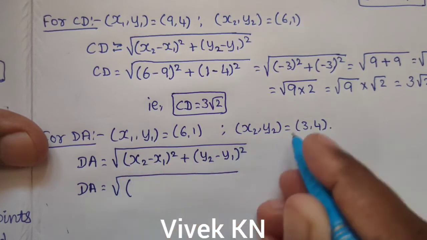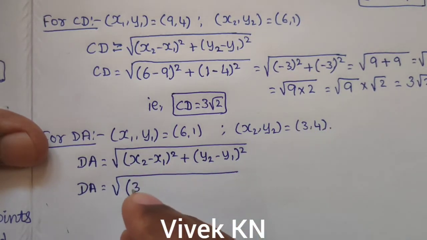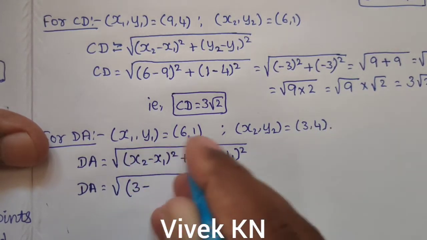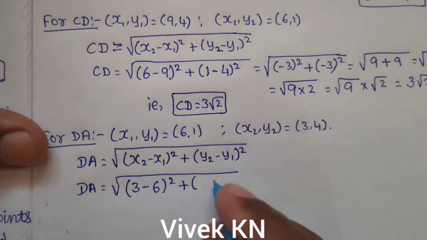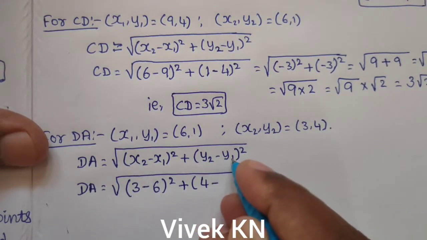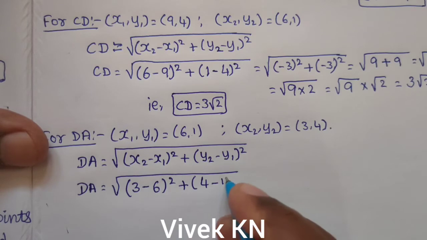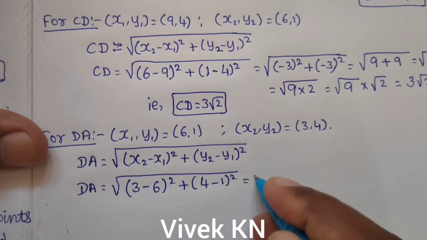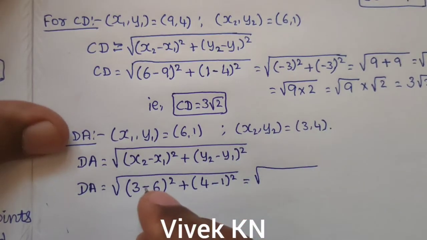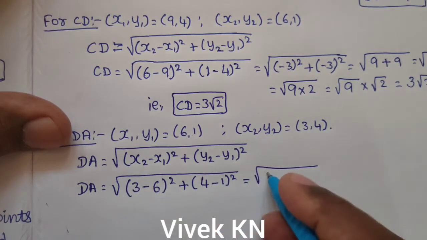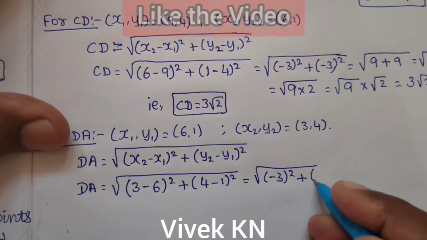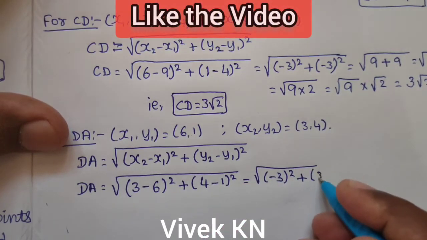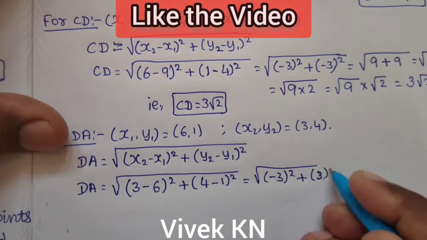The value of x2 is 3 minus the value of x1 is 6 whole square plus the value of y2 is 4 minus the value of y1 is 1 whole square, which is equal to under root of minus 6 plus 3, we get minus 3 whole square plus 4 minus 1 is 3 whole square.